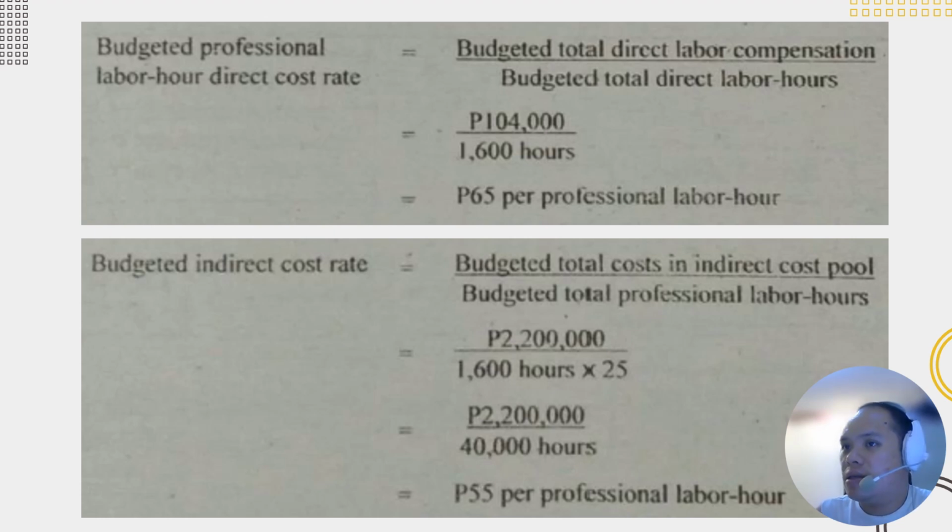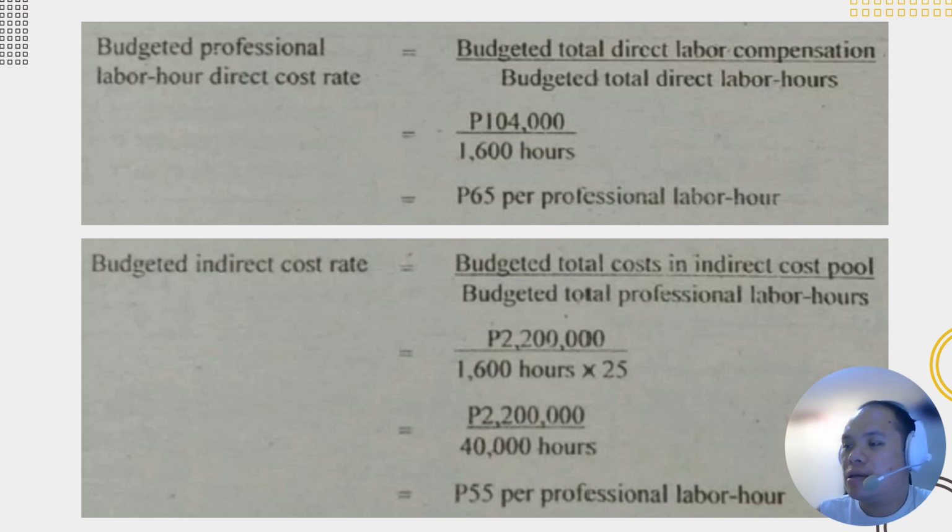Next is the budgeted indirect cost rate. Since we have an indirect cost pool, based on the problem, the indirect cost incurred is a total of 2,200,000 over total professional labor hours.